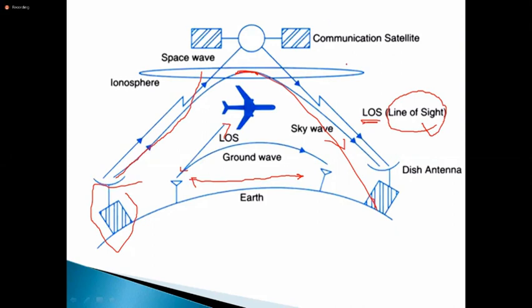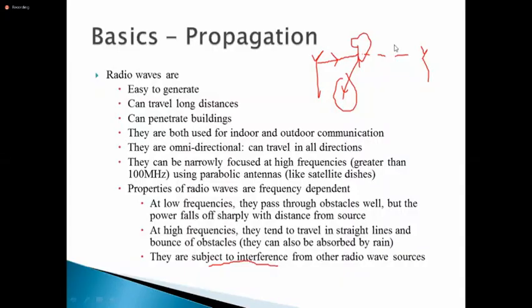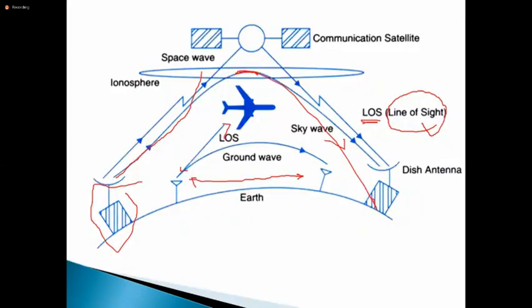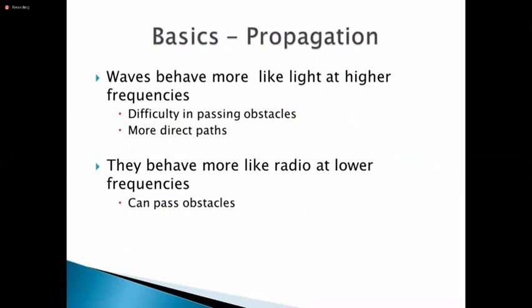So now we talked about different propagation modes. Again, these are the propagation modes: line of sight propagation, ground wave propagation, sky wave propagation, and space wave propagation, right? Then these two points are also important.